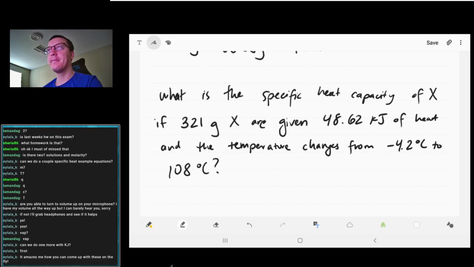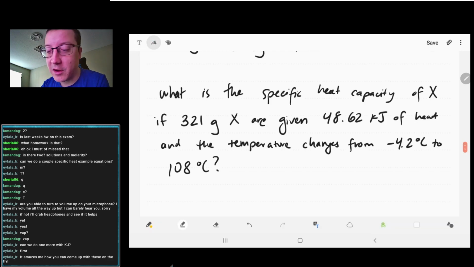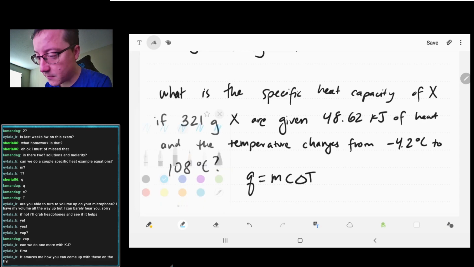Okay. Alright, so let's go ahead and look through this again and let's see what all the numbers mean. So 321 grams. Again, we're noticing we have specific heat capacities written in the problem. So that tells us we're definitely using this sort of thing. So let's see if we can figure out what all the letters are going to be. What's the first number? It's 321.